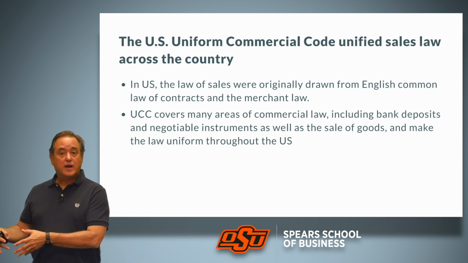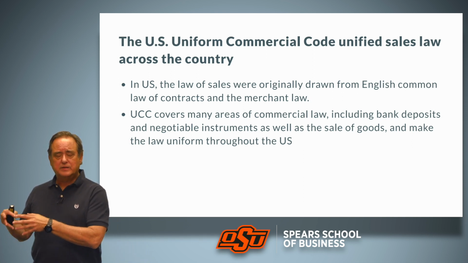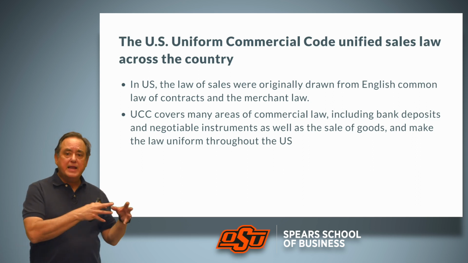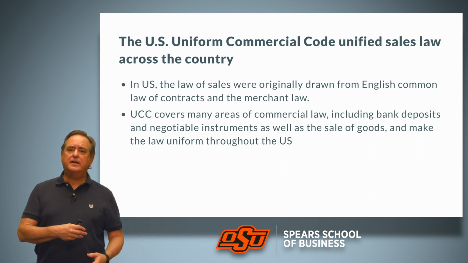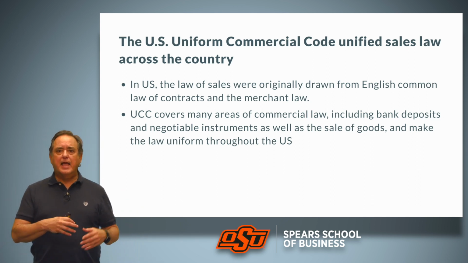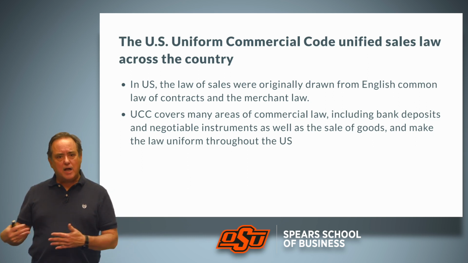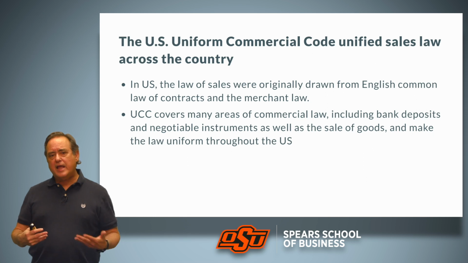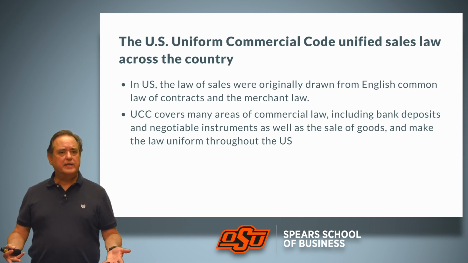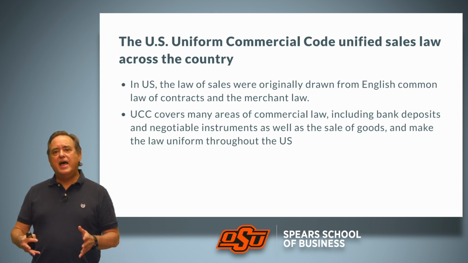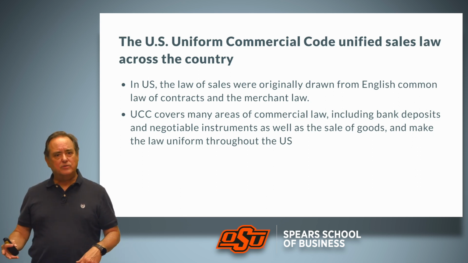Meaning a valid contract in one state may not be a valid contract in another state. And as the United States grew, and as interstate commerce grew, there came a recognition, midway through the 20th century essentially, that we should have one sales law across the country.